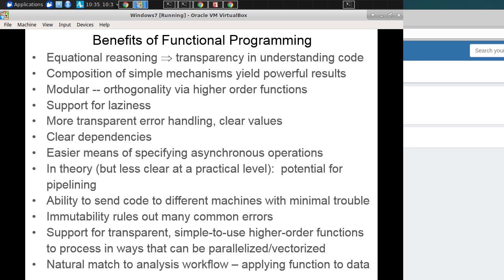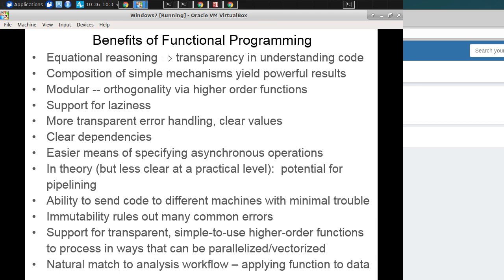Functional programming is a paradigm that supports equational reasoning about programs, performs programming tasks with minimal side effects, and has particularly notable support for modularity, clear error handling, clear dependencies, which can support parallelization, and very nice support for asynchronous ability and for orthogonal higher order functions that can be used in a wide variety of contexts that are quite different, but use the same underlying mechanisms.